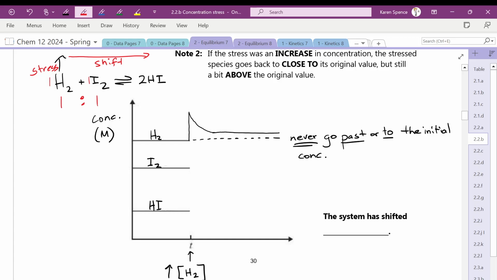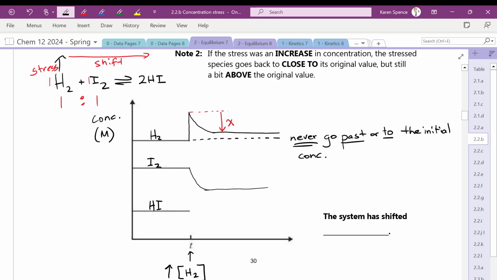So what I'm going to do is a little bit of labeling. I'm going to call this distance here X. If I'm really good at drawing, I can make my distance X look approximately the same.